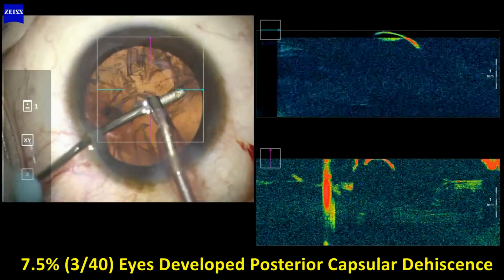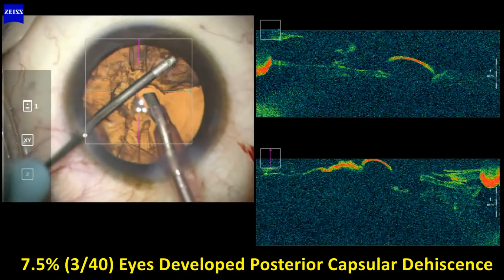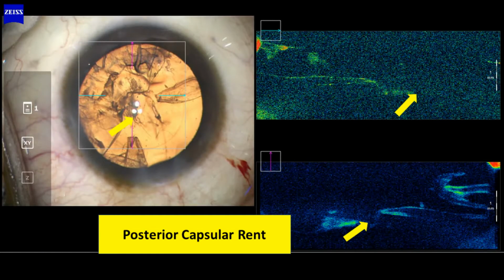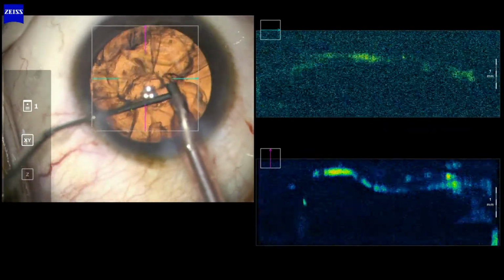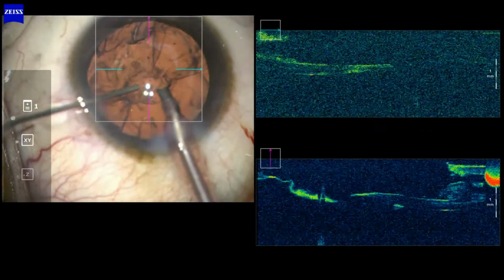3 eyes developed posterior capsular dehiscence during the stage of aspiration of epinuclear cushion. The posterior capsular defect was immediately detected clinically and confirmed on IOCT as well. A dispersive OVD was injected over the defect to tamponade the capsular opening and prevent any sudden anterior chamber decompression.